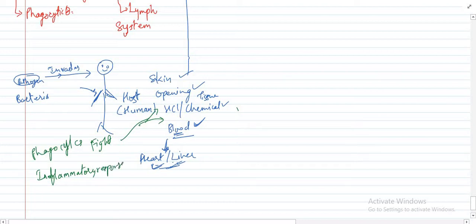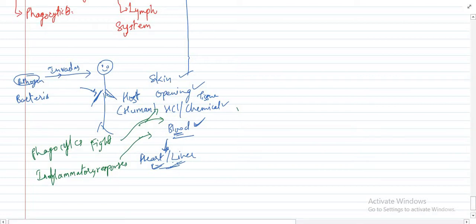So whenever we see phagocytes and inflammatory responses, we understand that our body has been infected, and there are some pathogens that we have to go there and kill. So our immune system cell releases another type of cells and chemicals which go there and start fighting, right?